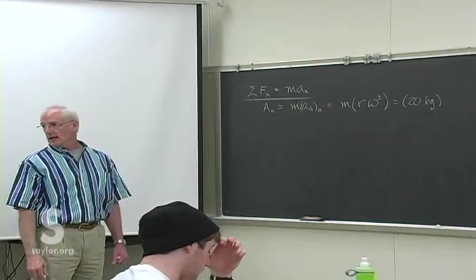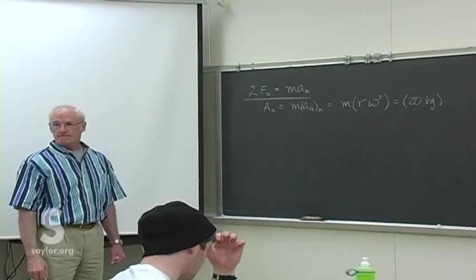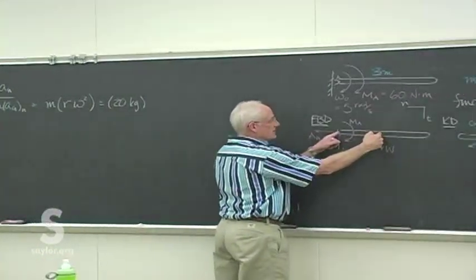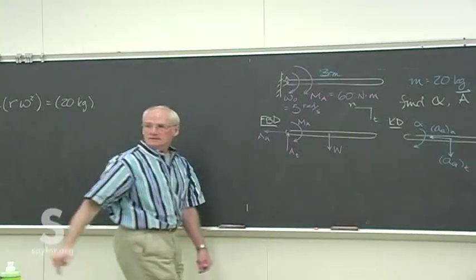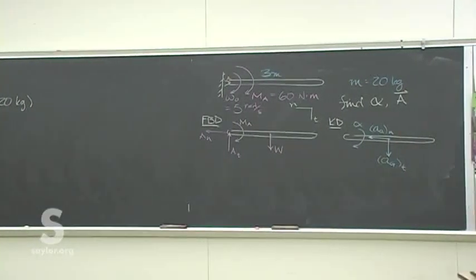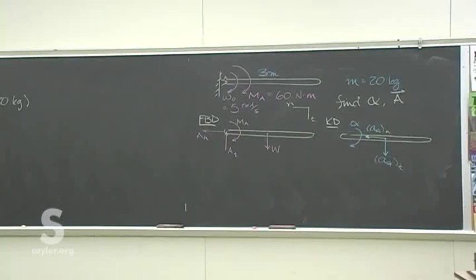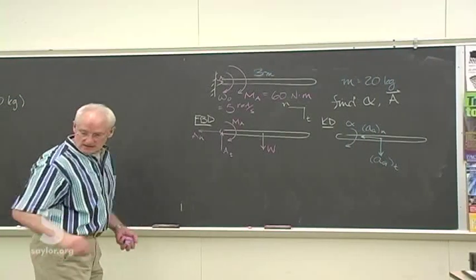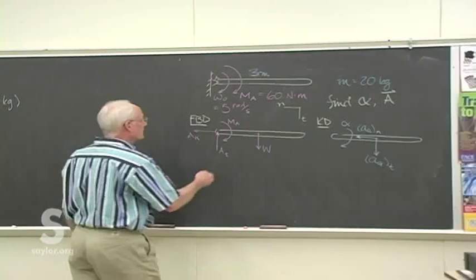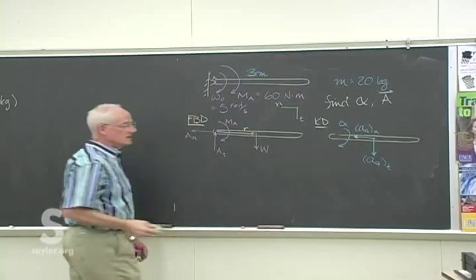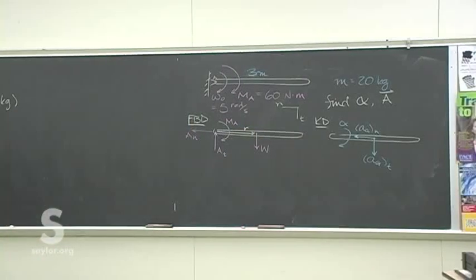Is that the whole length of the bar? Or this distance out to the center? You said something, John? Yes, it's the distance from the center of rotation to the center of gravity.